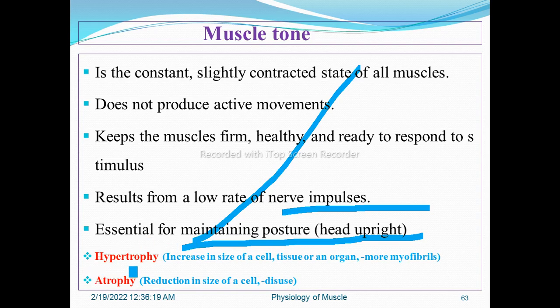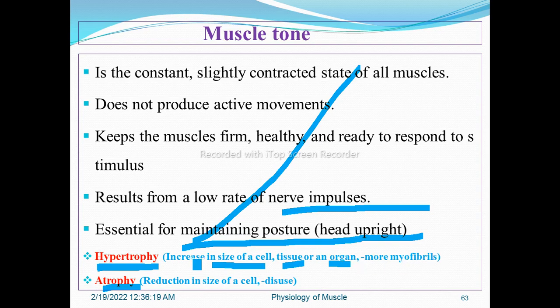When the muscle becomes abnormal, there is hypertrophy and atrophy. Hypertrophy is a process in which there is an increase in the size of a cell, tissue, or organ. Hypertrophy occurs when there is more synthesis of myofibrils, or an increase in the number of myofibrils.